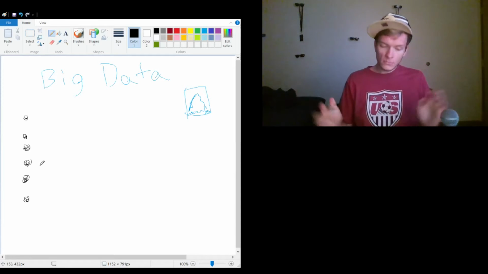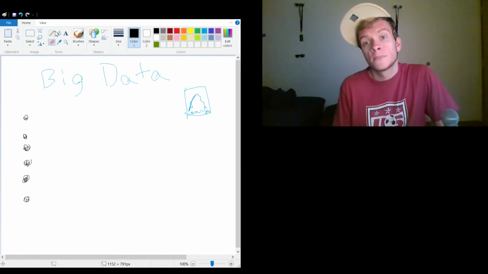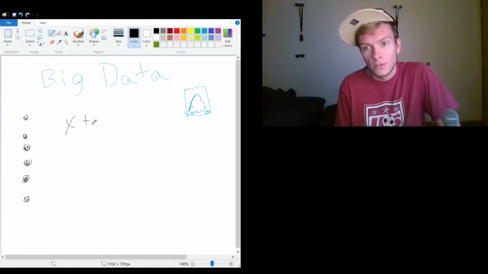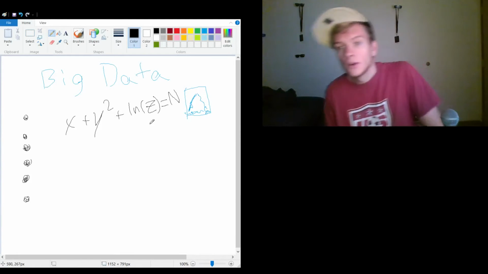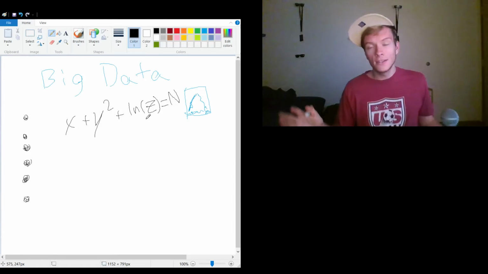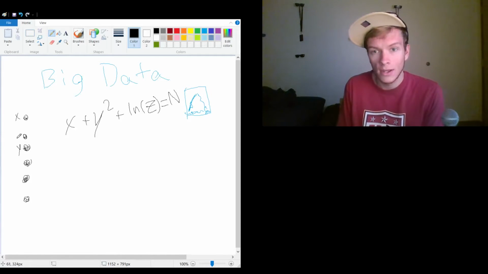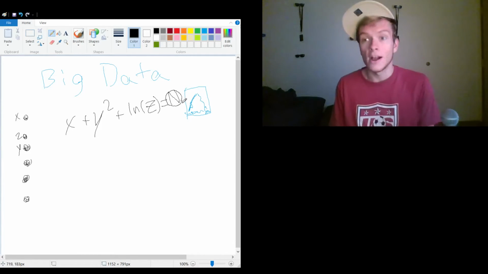Well, let's not take this from an intuitive approach. Let's take this from the AI's approach. So the AI can come in and randomly start making formulas. So let's just say x plus y squared plus ln of z is equal to n. So let's just say the AI makes this random equation and it assigns this x, this y, this z, and n being our answer or our output.